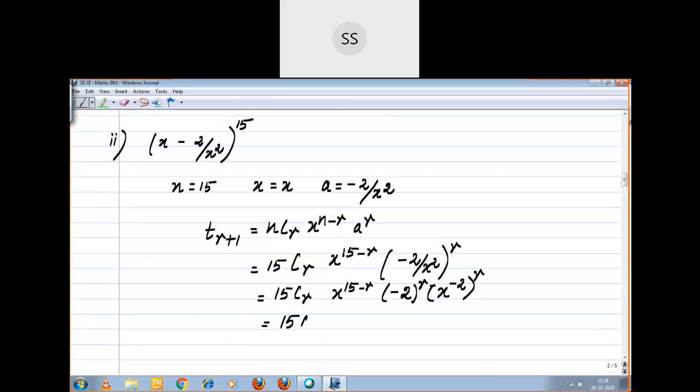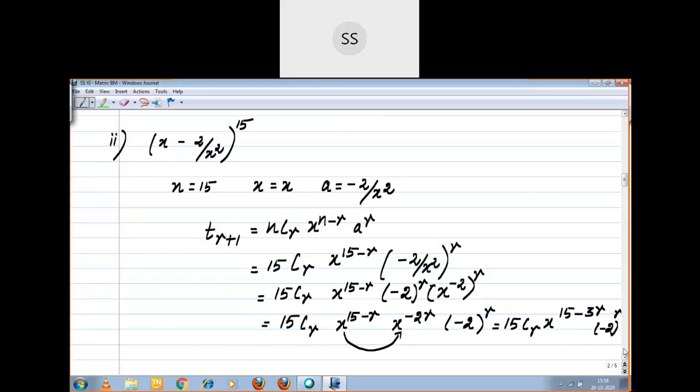Now 15CR x power 15 minus r, x power minus 2r, minus 2 the whole power r. Again law of exponent, the bases are same, you are going to add the powers. So what can you get, which is equal to 15CR x power 15 minus 3r. See here, minus r minus 2r both are negative, add and put negative symbol, minus 2 power r.